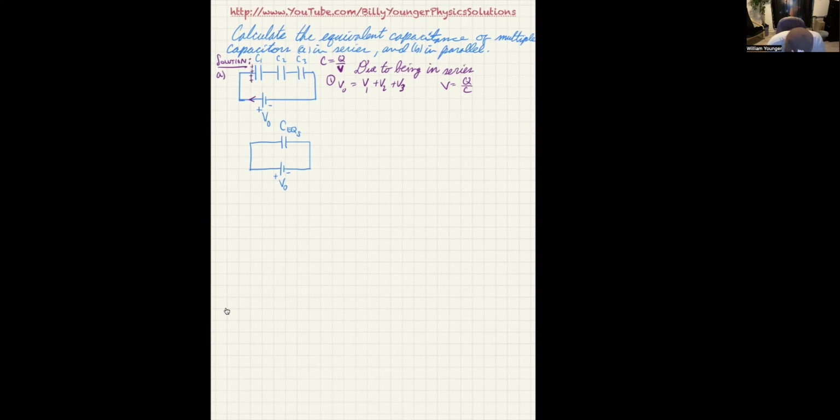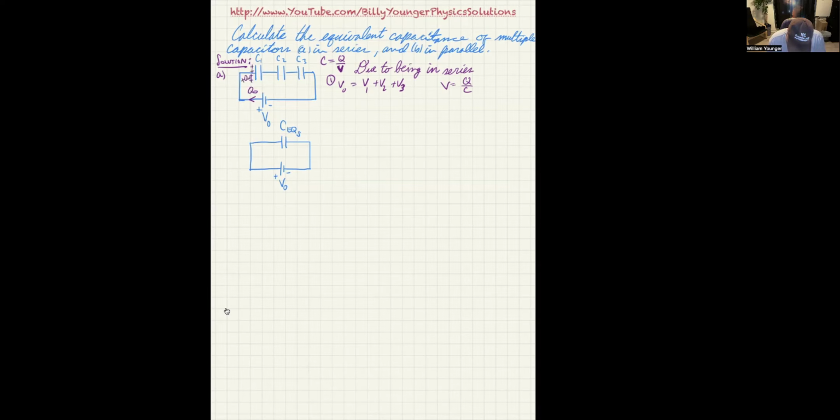In fact, every bit of charge Q0 that leaves the battery has to come to the capacitance C1. So we know not only that C1 has the left-hand side positive, but we also know that the charge on the left-hand side is positive Q0.